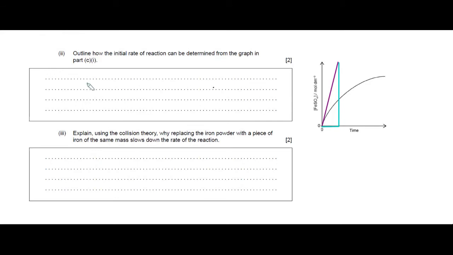So let's write. Draw a tangent at time equals 0. Slope of the tangent equals the initial rate.